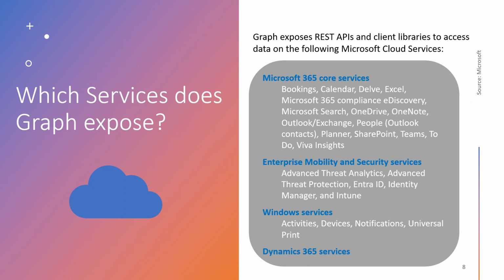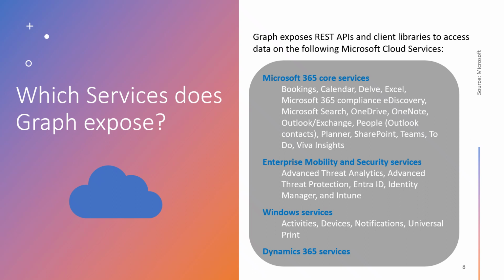So, which services does Graph expose? You can use REST APIs or SDKs to access the endpoint and build apps that support M365 scenarios because Graph exposes M365 core services such as bookings and calendar.